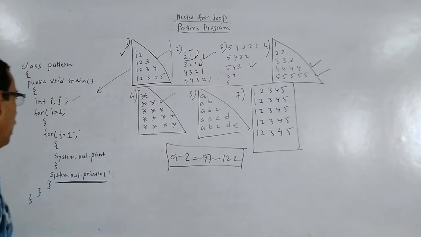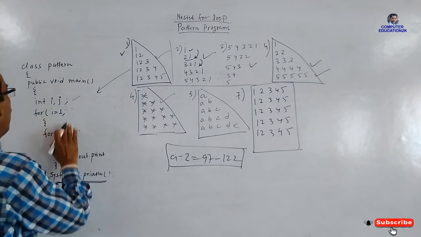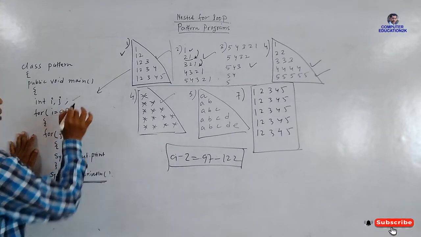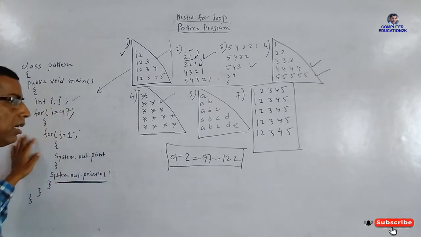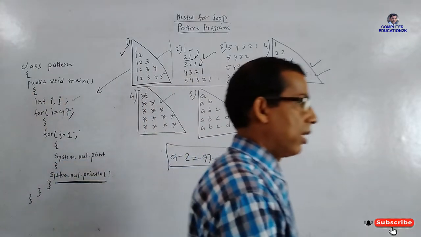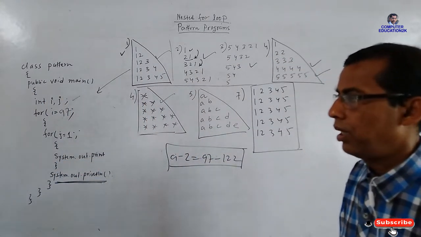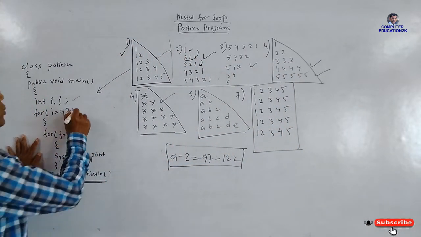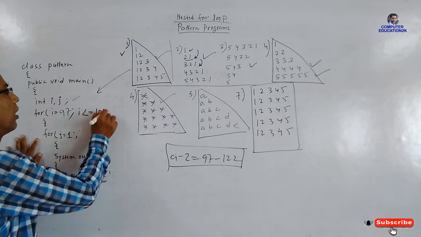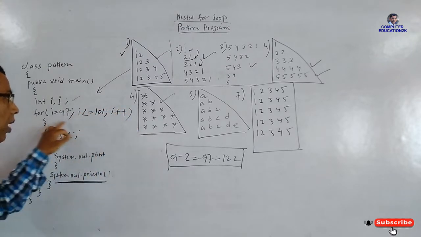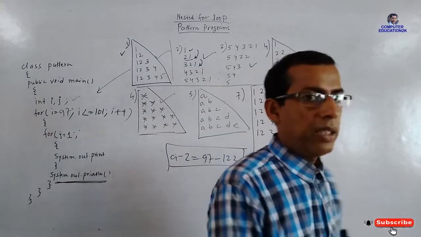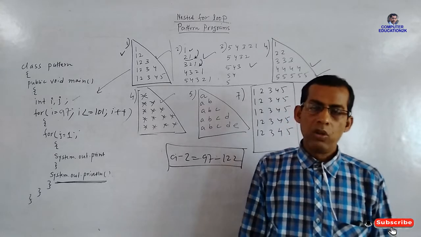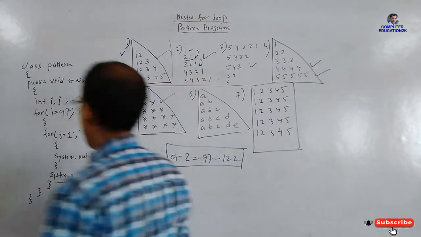And the value of I should start from 97: 97, 98, 99, 100 and 101, because there are 5 rows. So I less than equals 101 and I plus plus. I have taken the initial value of I as 97, and the final value will be 101. There are 5 values.